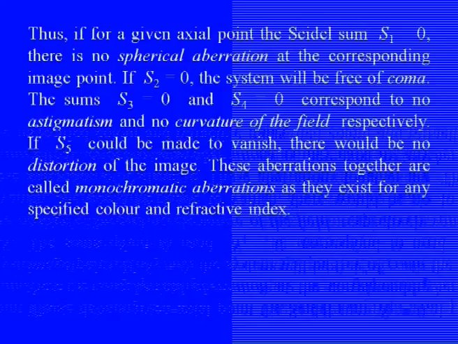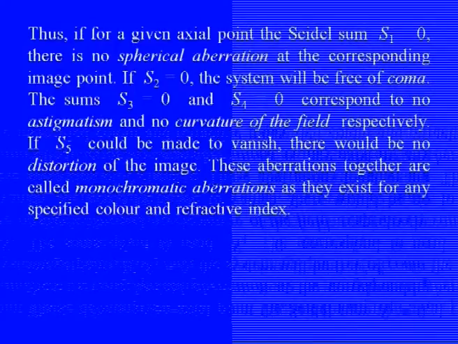Now, no optical system can be made to satisfy all these conditions at once. Therefore, one considers each sum separately, and its vanishing corresponds to the absence of a certain aberration. Thus, if for a given axial point the Seidel sum S1 is 0, there is no spherical aberration at the corresponding image point. If S2 is equal to 0, the system will be free of coma.